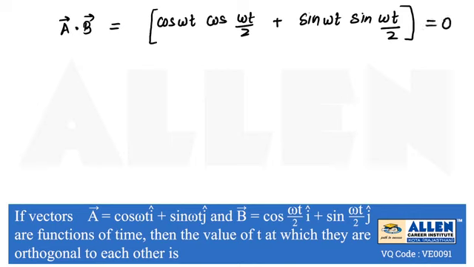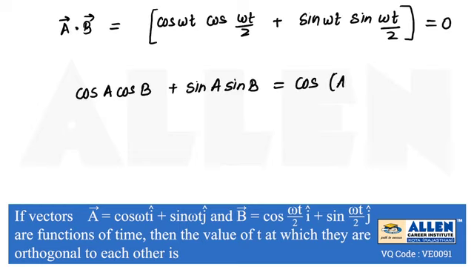Now we will use an identity here: cos A cos B plus sin A sin B is equal to cos of A minus B. With the help of this identity we can easily solve this question.